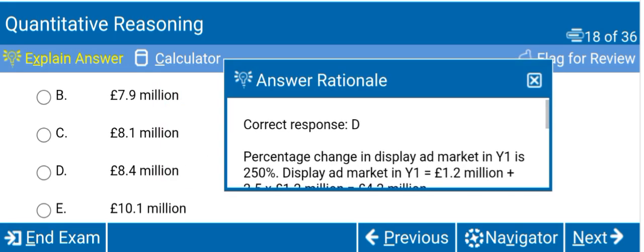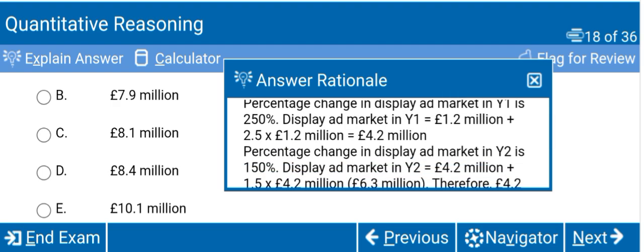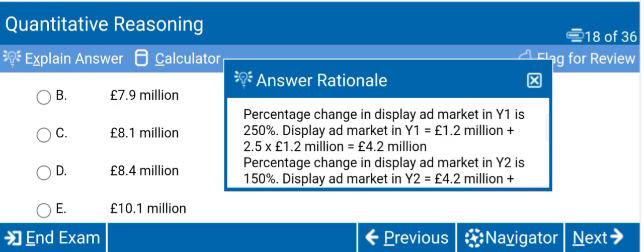So here we have the correct response is option D. The percentage change in display ad market in year 1 is 250%. Display ad market in year 1 equals 1.2 million pounds plus 2.5 multiplied by 1.2 million pounds equals 4.2 million pounds.